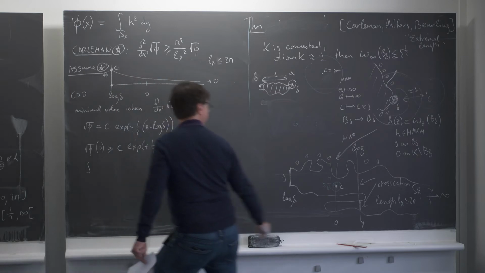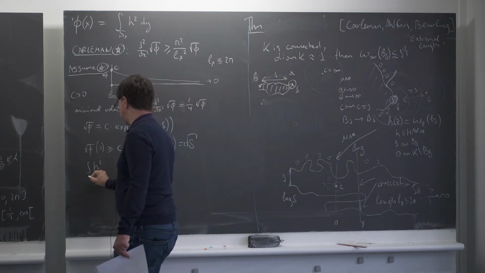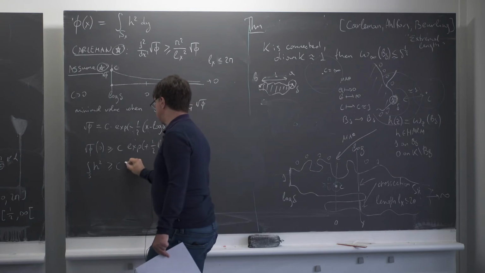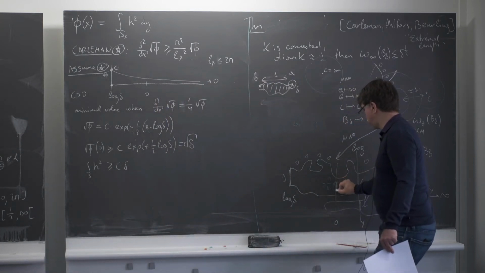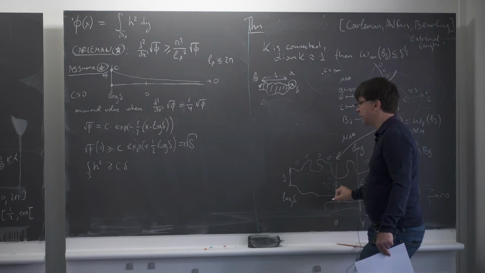So the integral of h squared on this cross section is at least a constant times delta. But here, as I said, there is a definite ball where, by the Harnack inequality, the distortion theorem, h has approximately the same value.